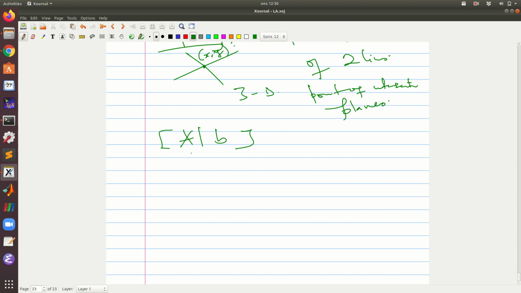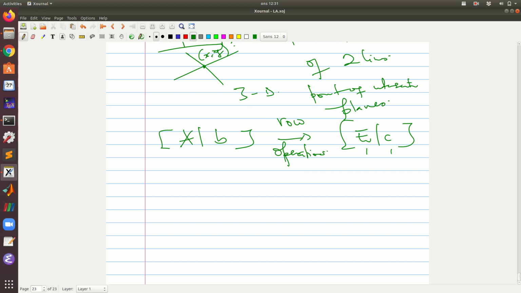For instance, let us consider this augmented system A|B, and then we carry out the row operations which we have looked at before, and we come up with this system here: the echelon form and then the right hand vector.